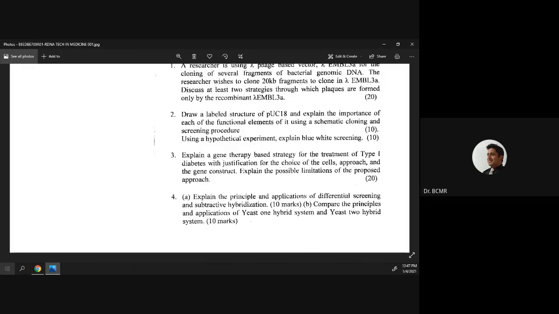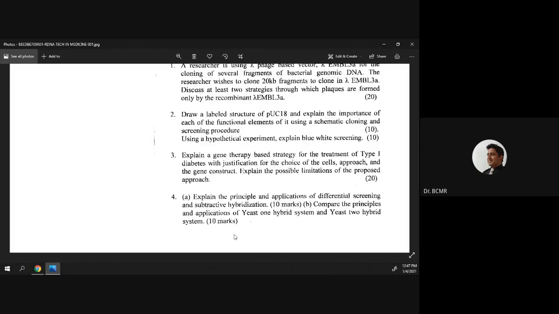You should discuss what type 1 diabetes is in the first place. Then we should also discuss sensing the blood glucose, and the third is releasing the insulin on time. And if this can be done, there will also be limitations, right? You have to talk about those limitations as well.